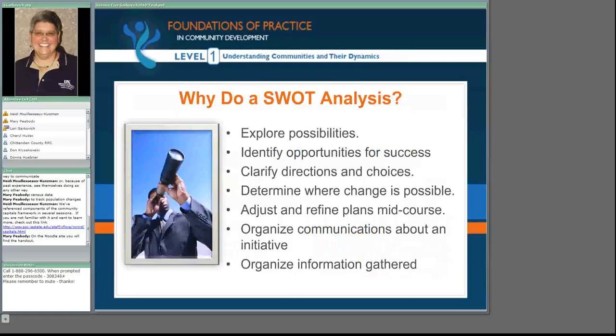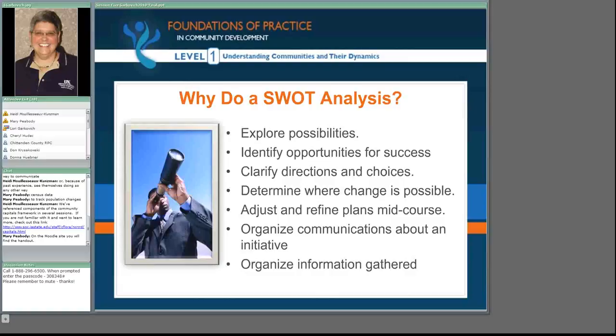If a community or an organization is in the process of launching a change campaign or a change initiative, a SWOT analysis can help you identify the landscape well enough to develop marketing materials, communications, that are targeted to particular concerns of members of the organization or the community.